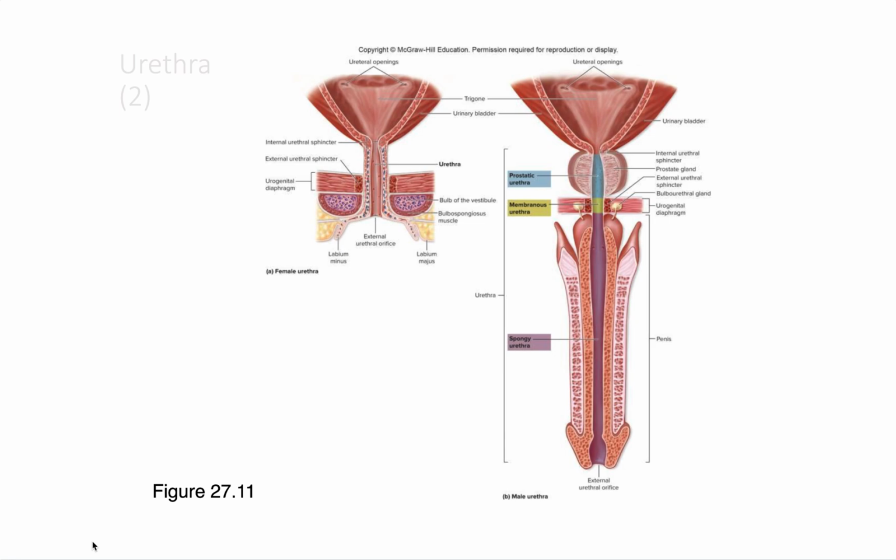And finally, the last structure that we see is the urethra. The urethra is the final passage of urine out, or excretion of urine. So here we have a picture of a female and a male urethra, and we can see that there are structural differences. The main thing is that the female urethra's main job is just transportation of urine.